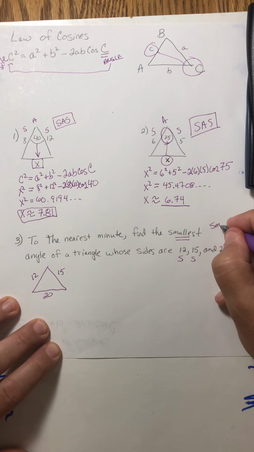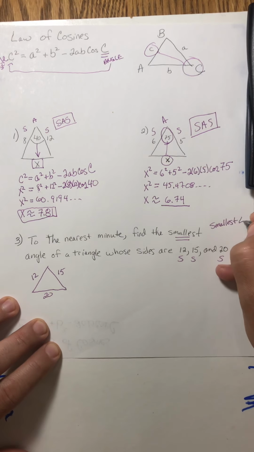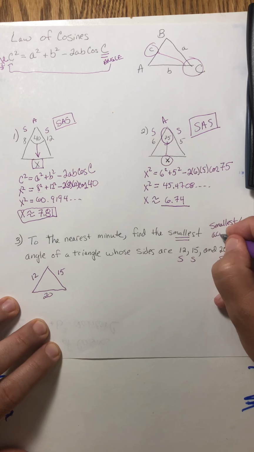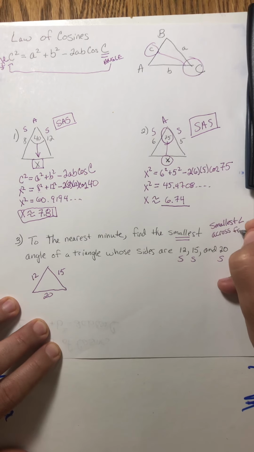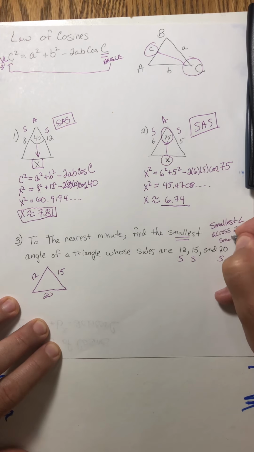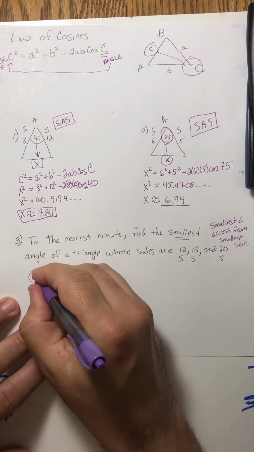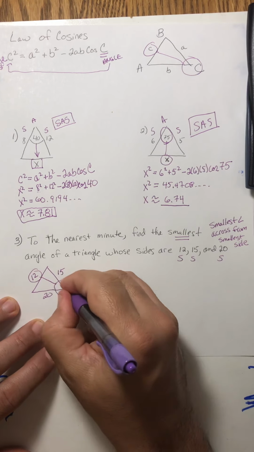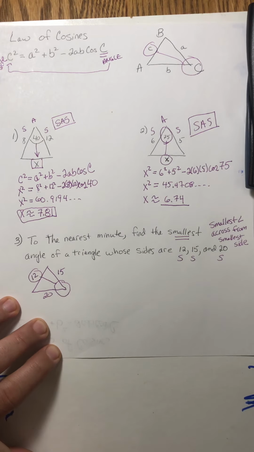So the smallest angle is across from the smallest side. So 12 is the smallest side, so that's across from where our angle will be.